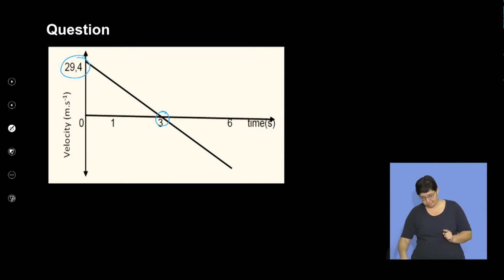What they're telling me in this graph without putting it in words is which direction is positive. Here, they tell me initial velocity is plus 29,4. I know I threw it up. I have to take up as my positive direction throughout this question.